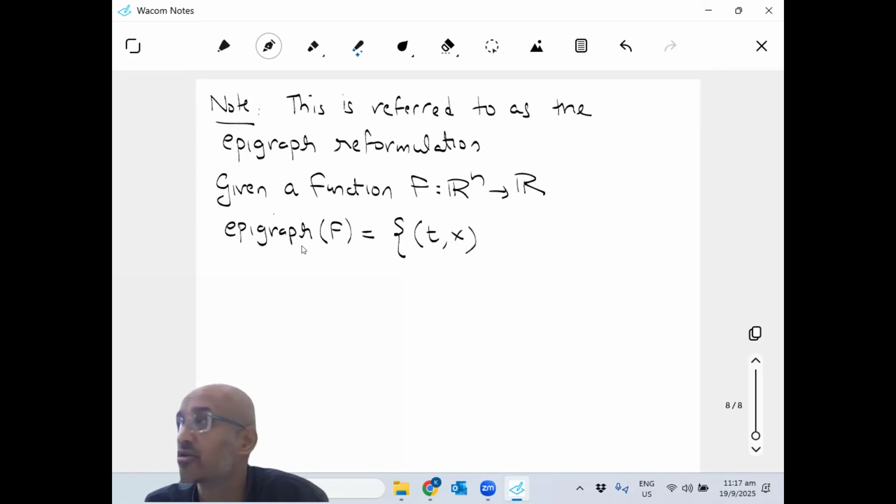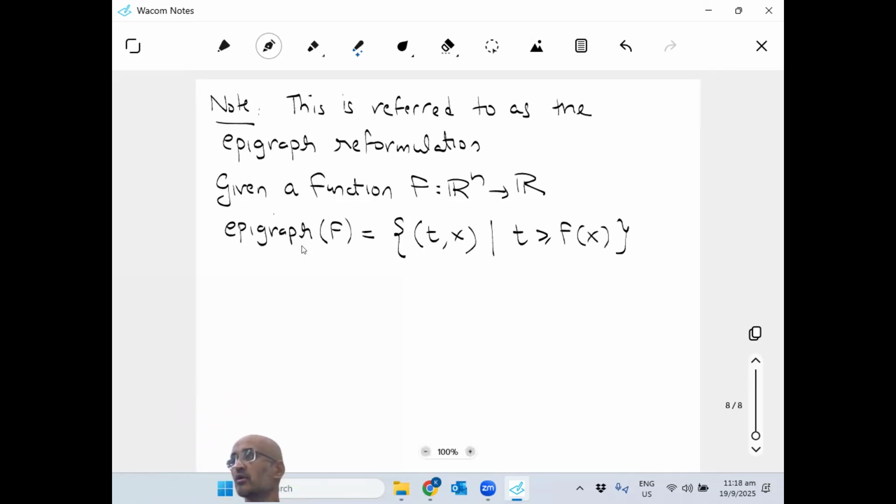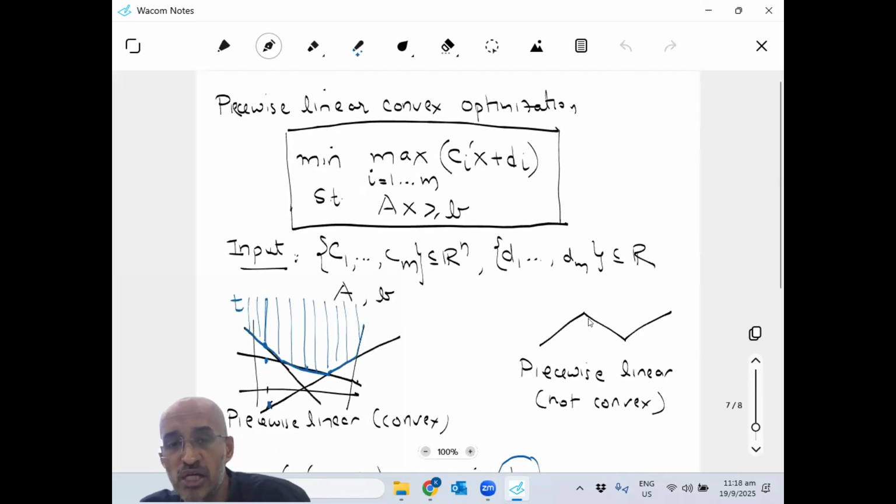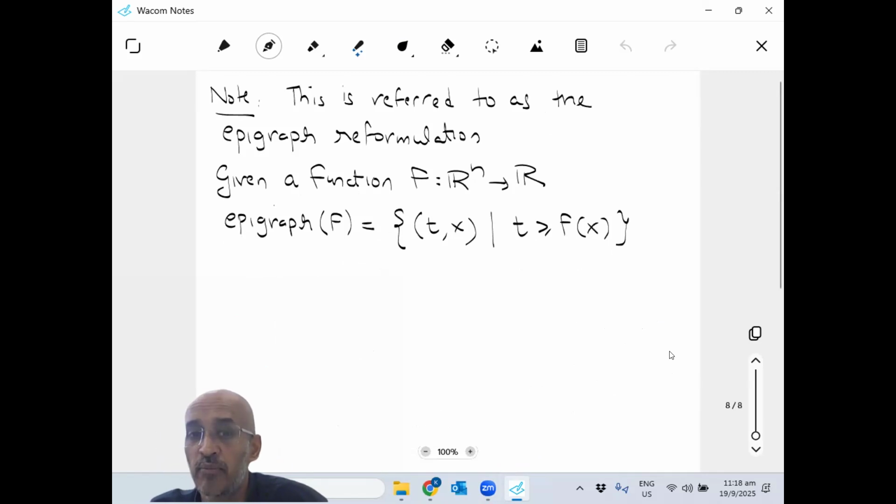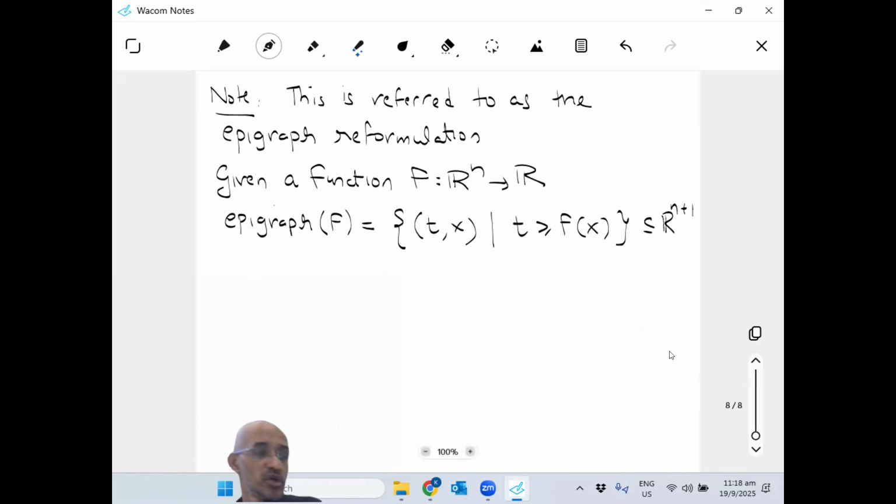I'm going to go to t and x, such that t is greater than or equal to f of x. So you look at all the values of x, and for every value of x, you find the t values which are greater than or equal to f of x. So this is the epigraph reformulation. I'm looking at all the x's and all the t's which are greater than or equal to f of x. It's a set in Rn plus 1. It's called the epigraph reformulation, and this will get used a lot.